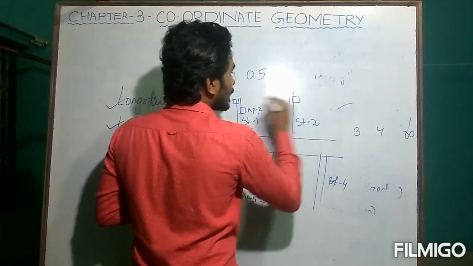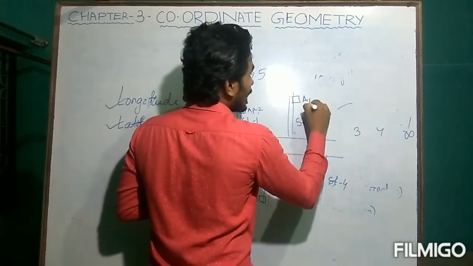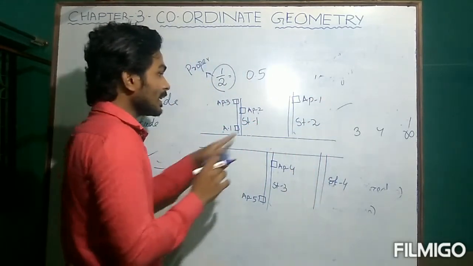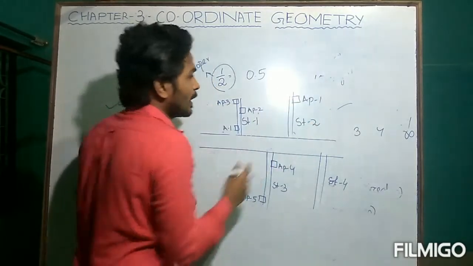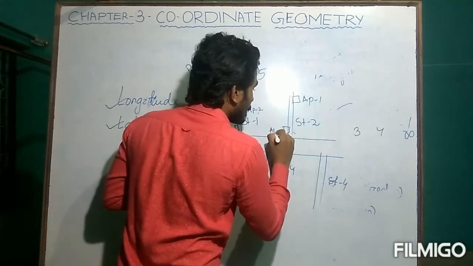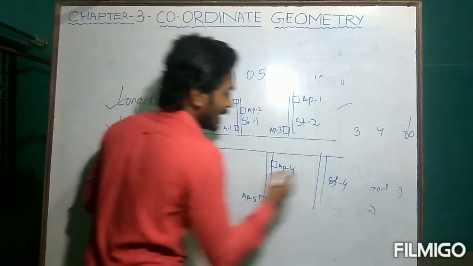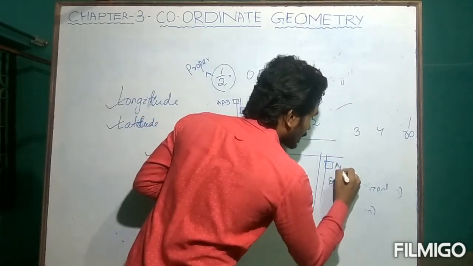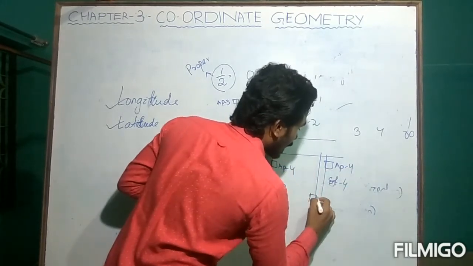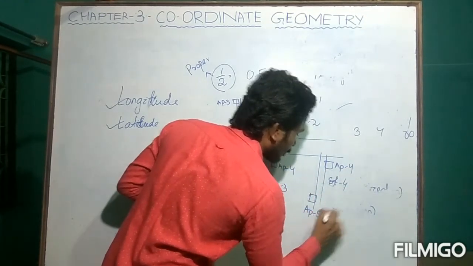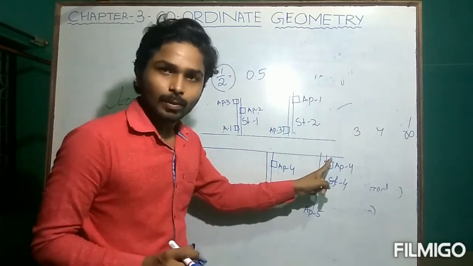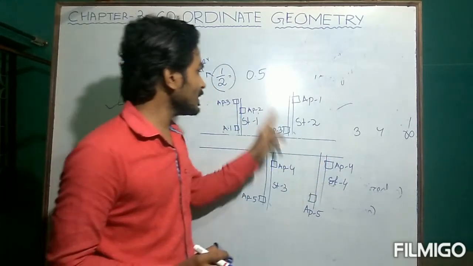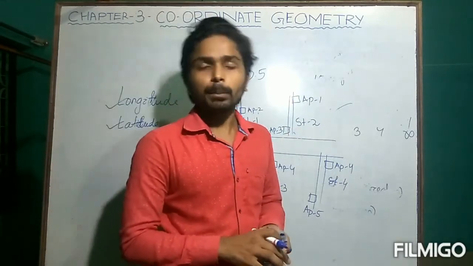Here again apartment 1, here also apartment 1, here also apartment 1, but these buildings are not equal. And here apartment 3, here apartment 4 and here apartment 5. So this is the main road, these are 4 streets, and in these streets there are various apartments or buildings.